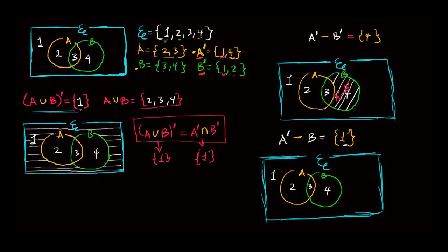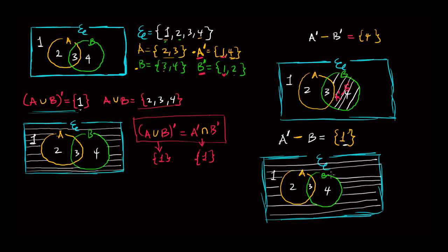The portion that has 1 is this portion outside the subsets A and B. So we'll just shade this portion. Now this is the portion we are looking for. And we got it.